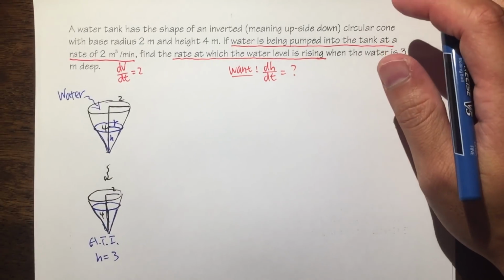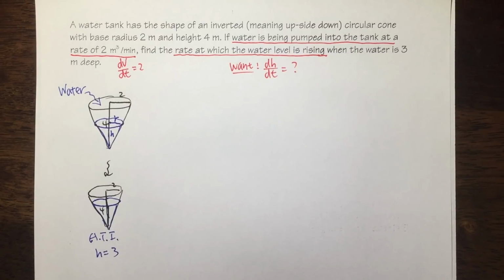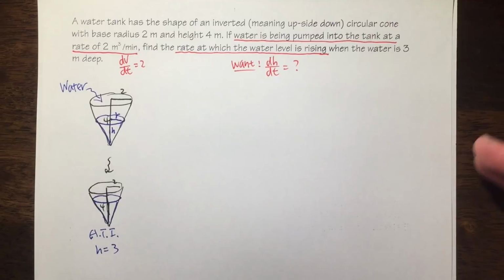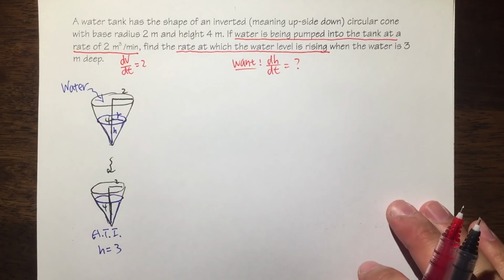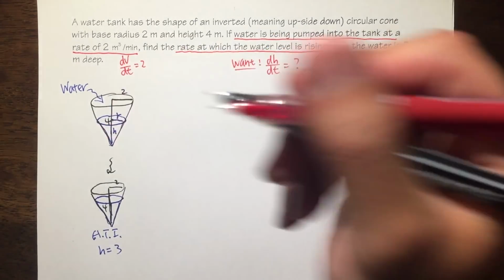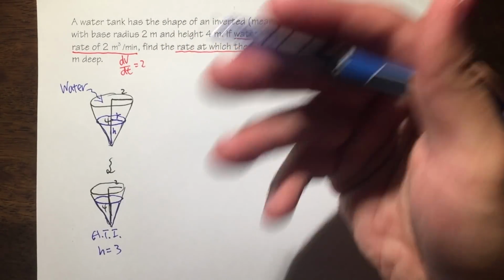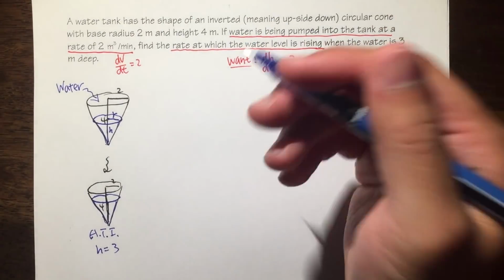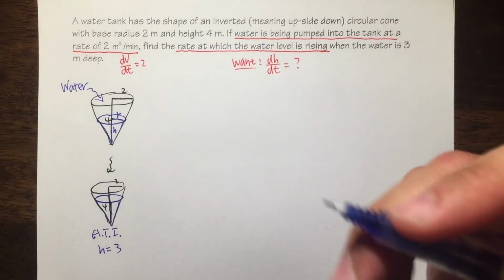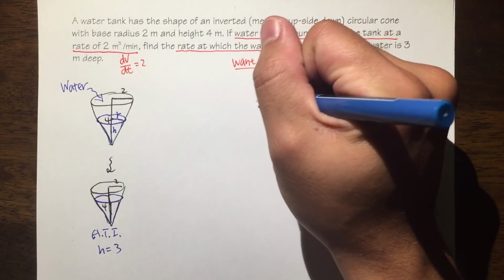Okay, for the related rate questions, we have to know a lot of geometry, especially the formulas for areas, volume, triangles, whatever, right? Here, we are talking about a cone, and we're talking about how much water we have in the cone. Therefore, we have to use the volume formula, and I'll put this down right here for you guys.